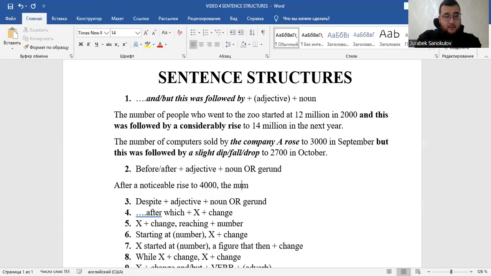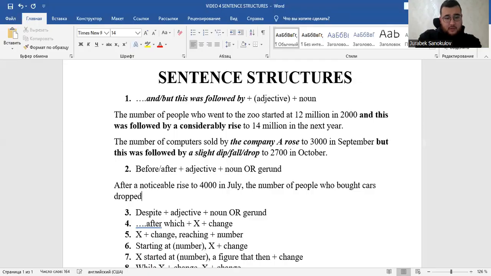Let's just say the number of people who bought cars, let's just say in July. After a noticeable rise to 4,000 in July, still we don't know what changed. Now we include that in the second part. The number of people who bought cars dropped to, let's just say, 3,000 in August.